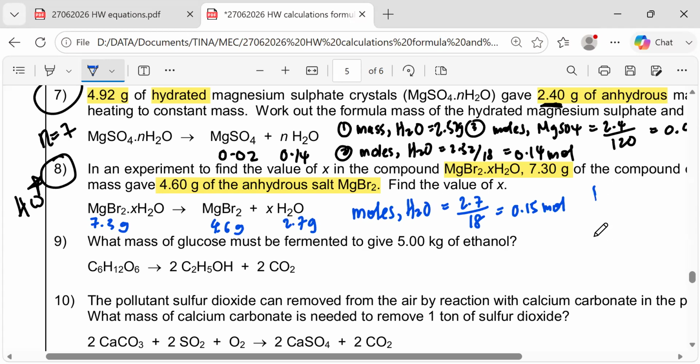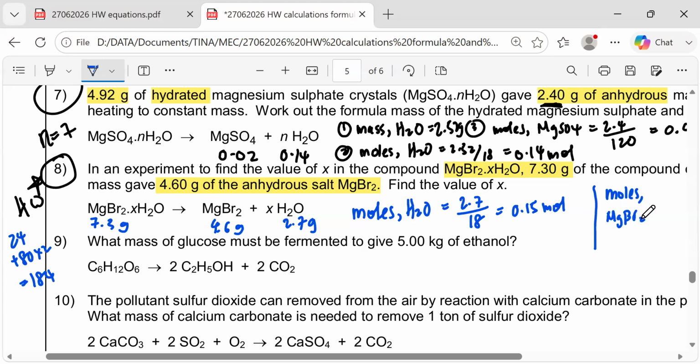Now, the mole of magnesium bromide, this one you need to look at the periodic table. So magnesium is 24, bromine is 80 times 2, so you get 184.